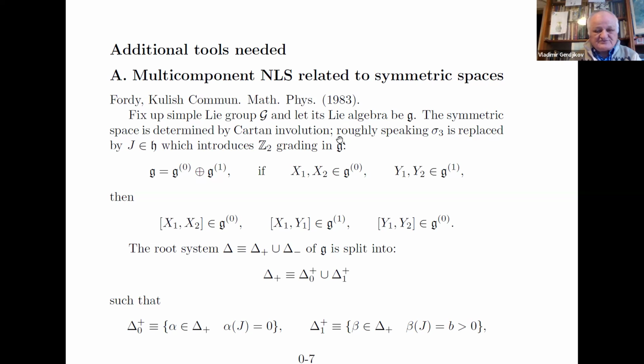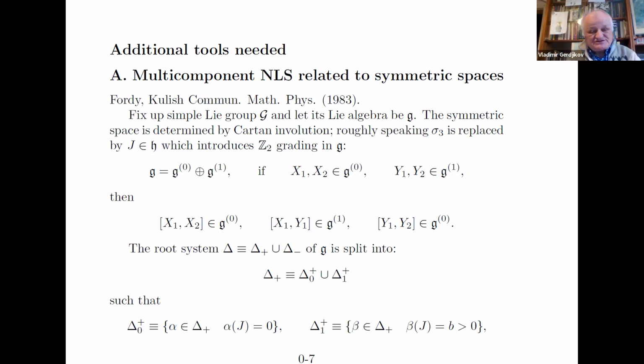Roughly speaking, instead of having sigma 3 that was in the first Lax representation, we have to deal now with J, which is an element of the Cartan subalgebra and which defines the Cartan involution, which is applied on G. Effectively, g is split into a subalgebra g0 and an additional linear space g1.